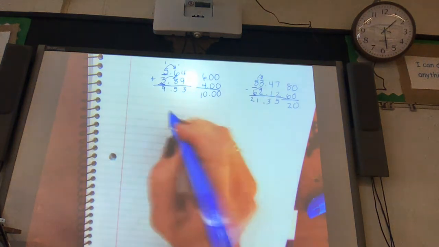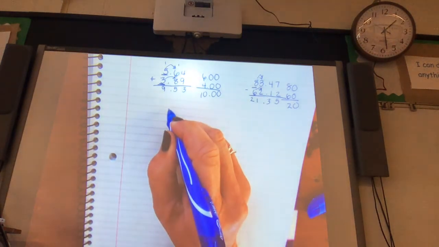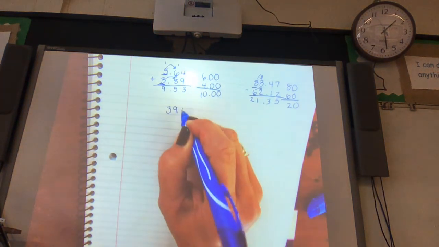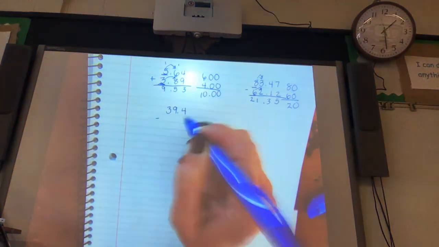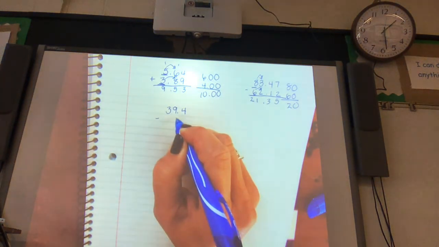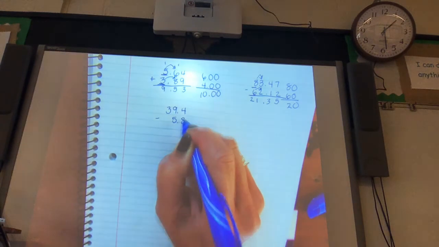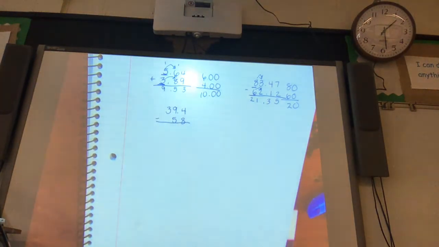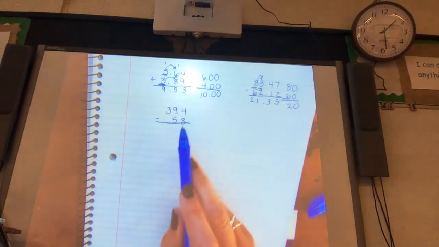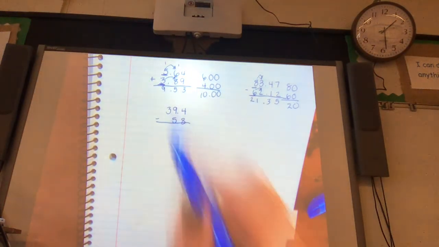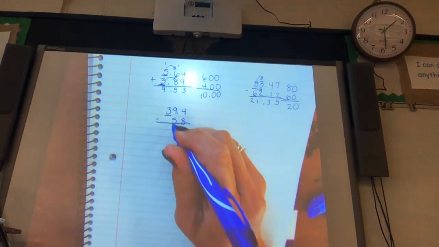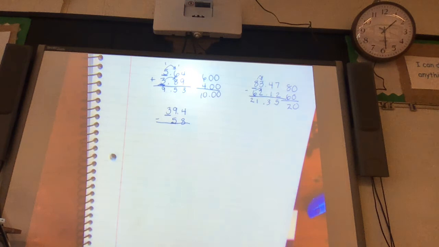If you have a problem that looks like something like this, 39 and 4 tenths minus, I don't know, 5 and 8 tenths. Now, in this kind of problem, we have two greatest places. The tens place is the greatest place on that number, and the ones place is the greatest place on that number.